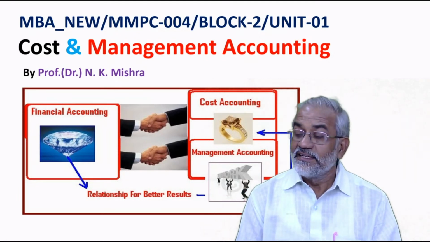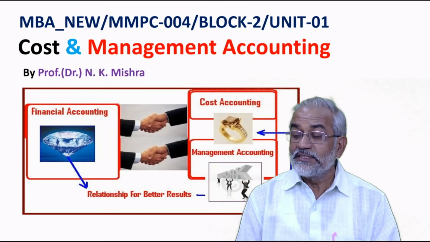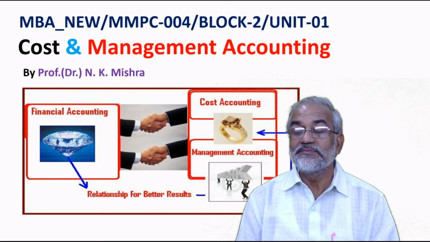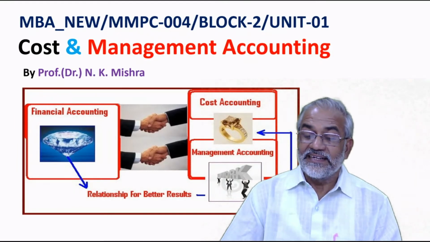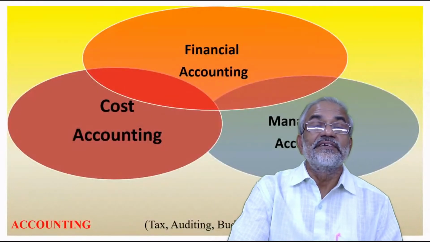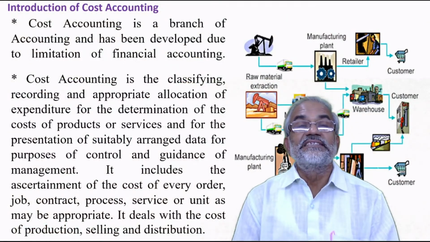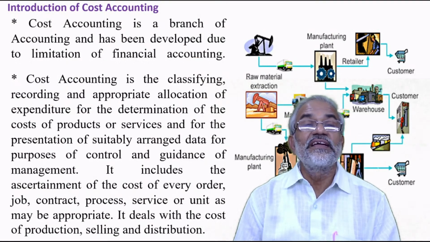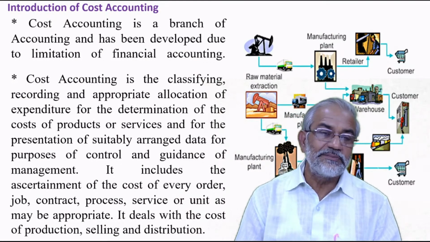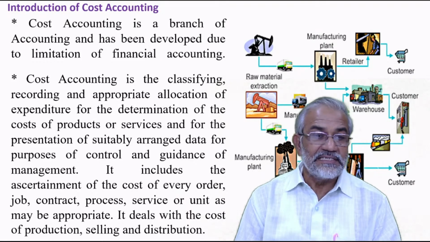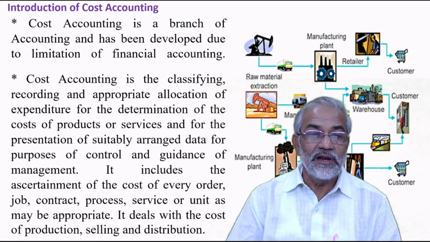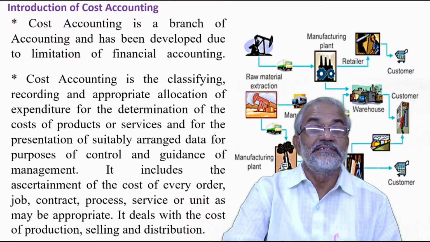Cost accounting is a branch of accounting and has been developed due to limitations of financial accounting. Cost accounting is the classifying, recording, and appropriate allocation of expenditure for the determination of the costs of products or services and for the presentation of suitably arranged data for the purpose of control and guidance of management.